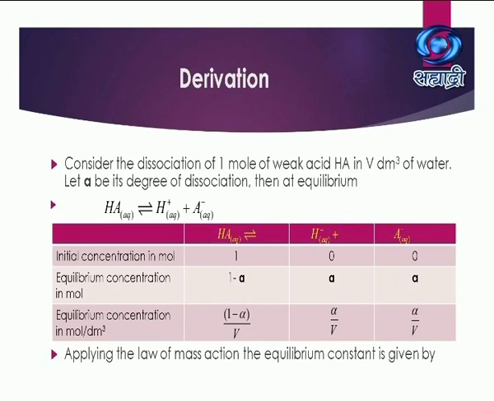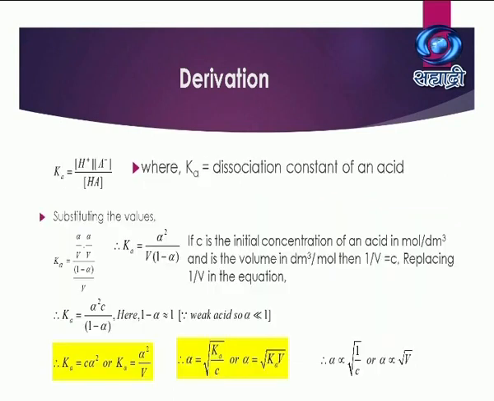Now let us apply the law of mass action to calculate the equilibrium constant. Applying the law of mass action, you will end up with the expression Ka is equal to active mass of H plus into active mass of A minus upon active mass of HA, where Ka is called the dissociation constant of acid.